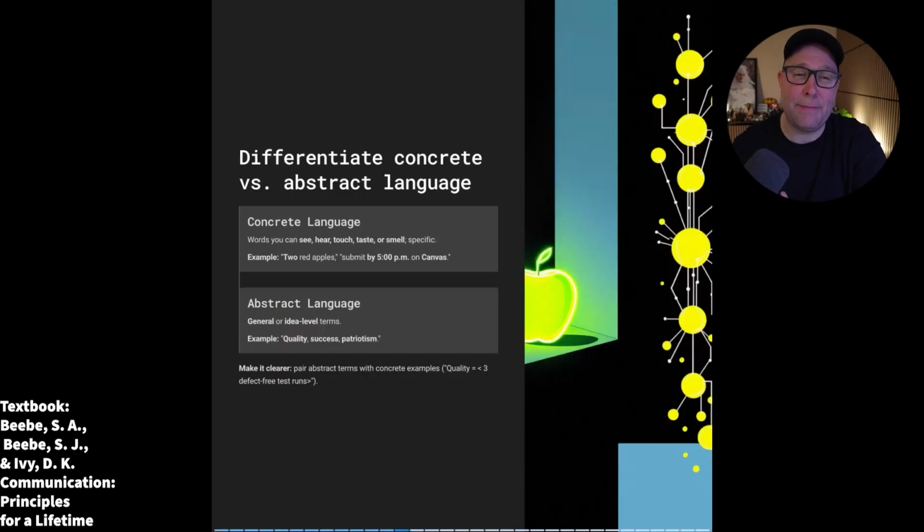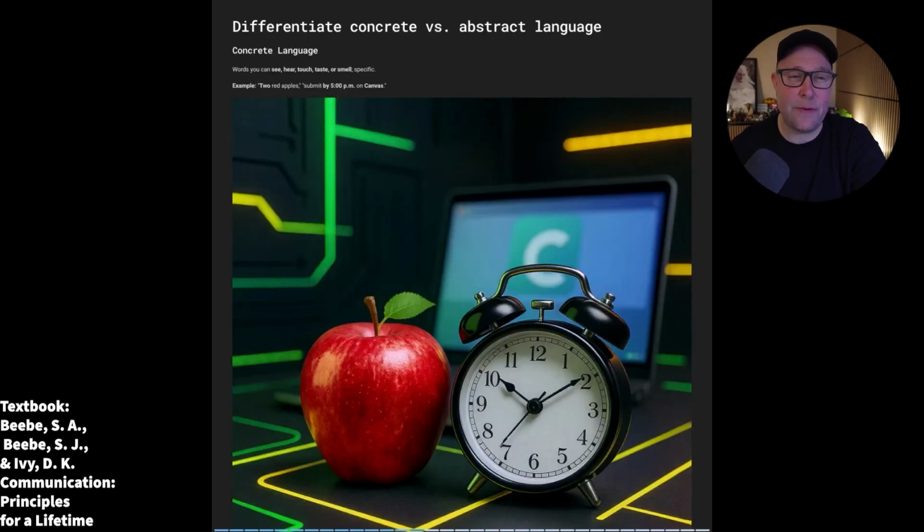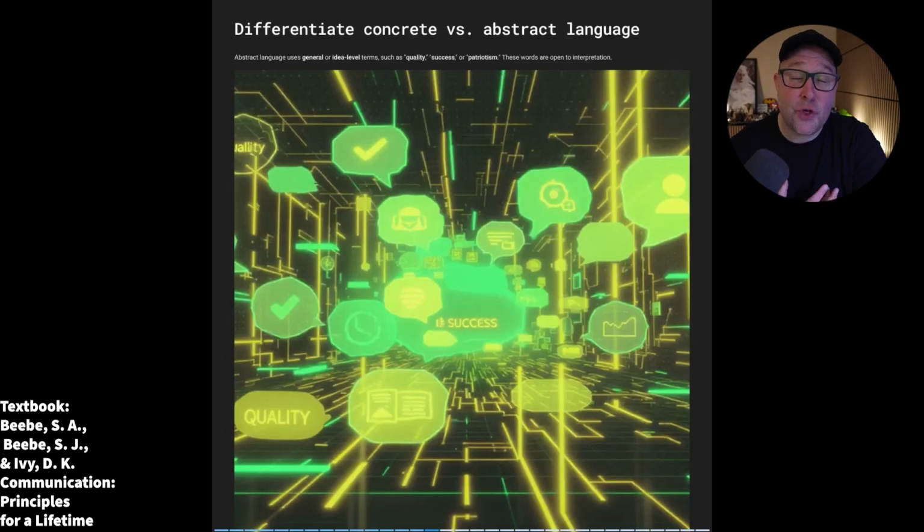Concrete versus abstract language. Concrete language are the words that you can see, hear, touch, taste, or smell. They're very specific. For example, 2 red apples. Abstract language uses general or idea level terms such as quality, success, or patriotism. These words are open to interpretation.